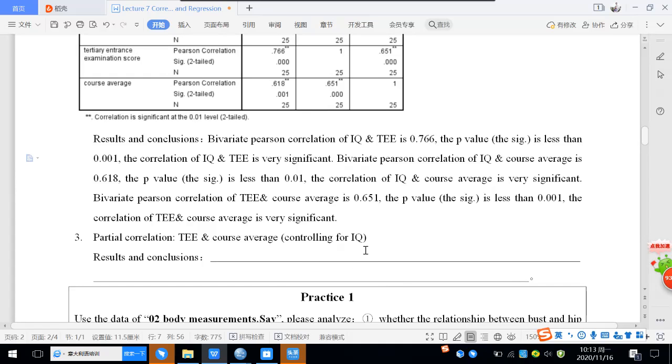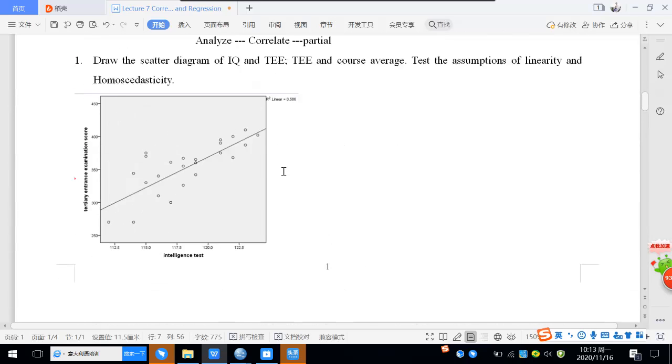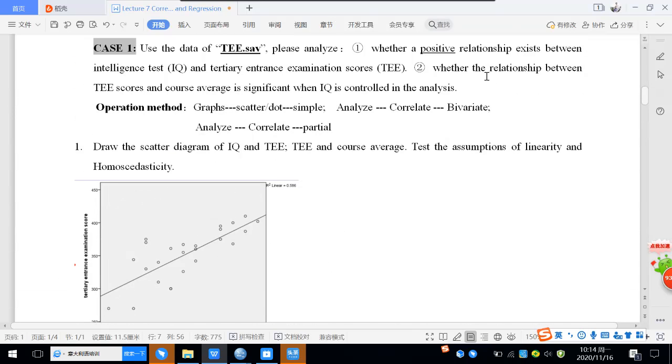Next is partial correlation. Let's look at the question here. The question is whether the relationship between TEE scores and the course average is significant when IQ is controlled.